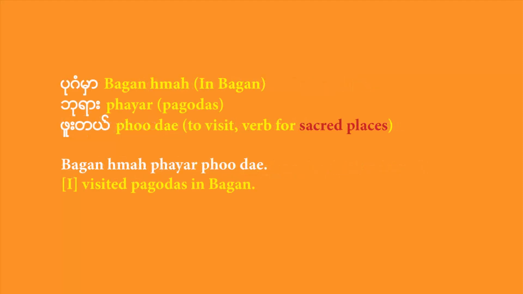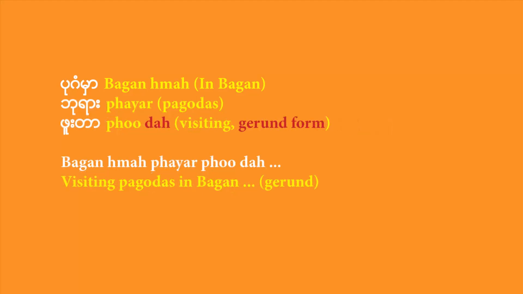Anyway, back to the main topic at hand, the gerund form of visiting pagodas in Bagan. If you simply say Bagan ma payapude, that means I visited pagodas in Bagan. But if you say instead Bagan ma payapuda, that means the gerund form, visiting pagodas in Bagan or going on a pilgrimage in Bagan.